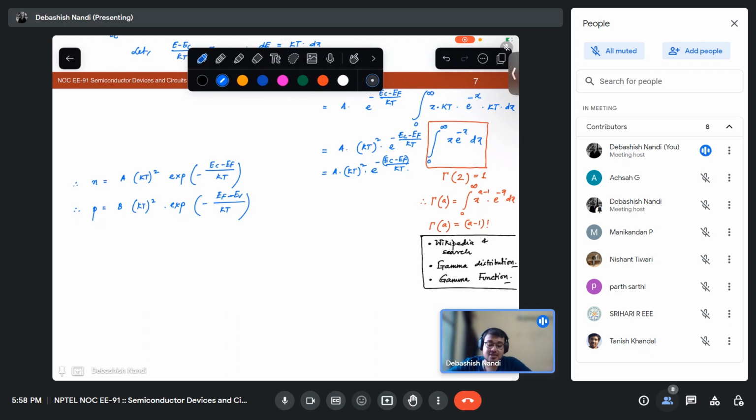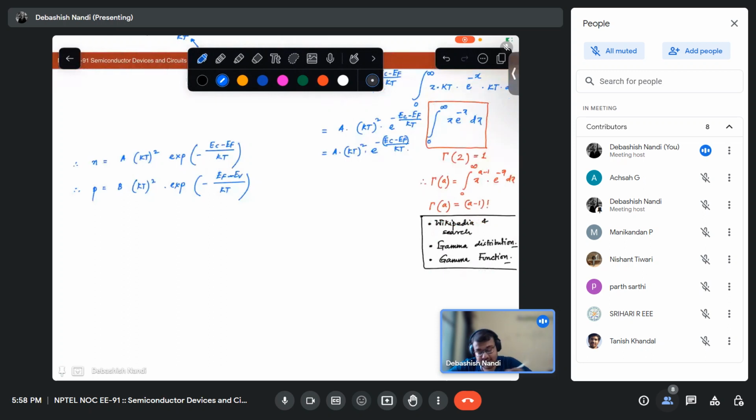So now what is my intrinsic criteria? That n has to be equal to p. That means a kT square exponential of minus Ec minus Ef over kT has to be equal to b kT square exponential of minus Ef minus Ev over kT. We need to find out Ef, the intrinsic Fermi level, which we also call Ei.